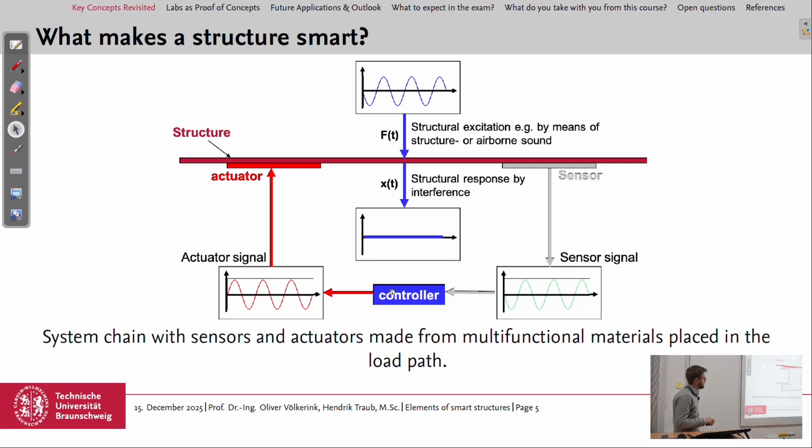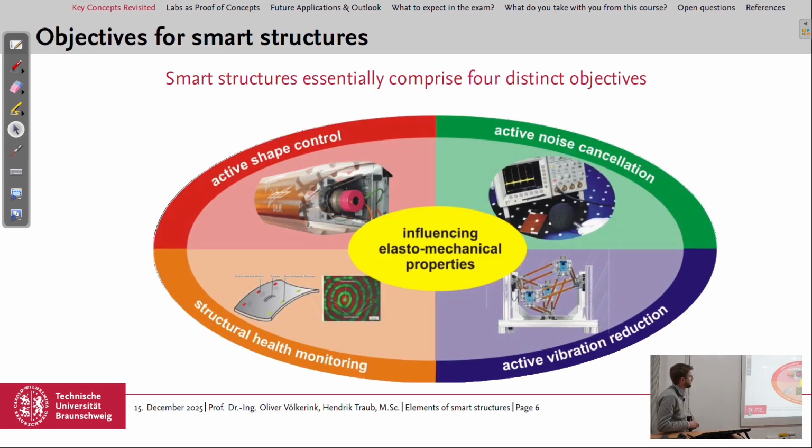What is important is that the sensors and the actuators are made from multifunctional materials and placed really in the load path, so they have sensing and actuating functions, and are also load-bearing.